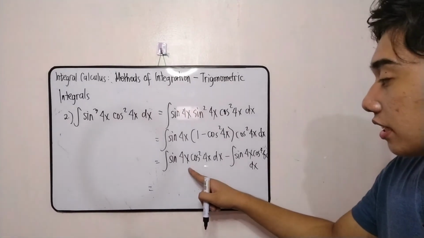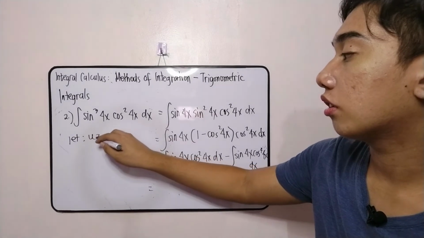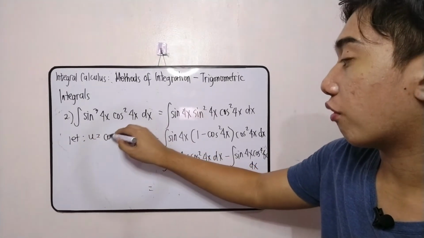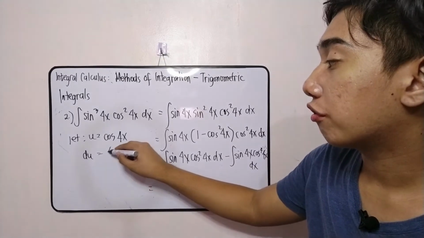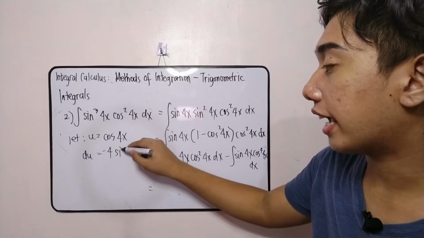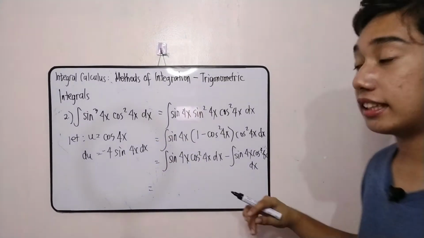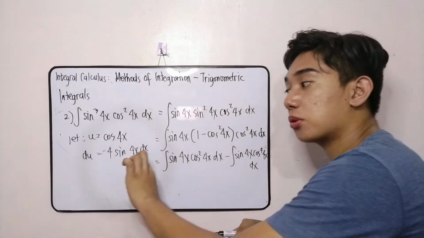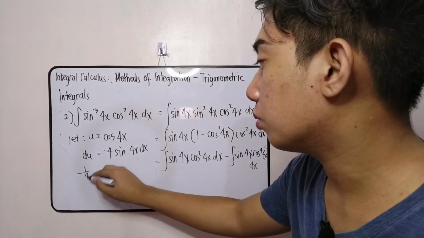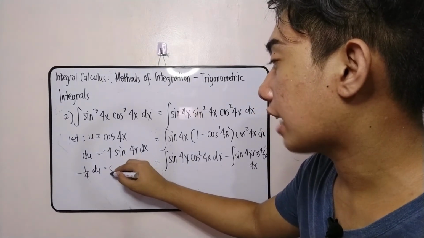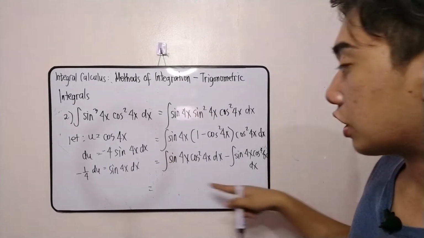So, for this case, we will let u as cosine 4x. And our differential will be negative 4 sine 4x dx. And remember, wala kang nakikitang negative 4 dito. So, we will divide both sides by negative 4. So, negative 1/4 du is equal to sine 4x dx.